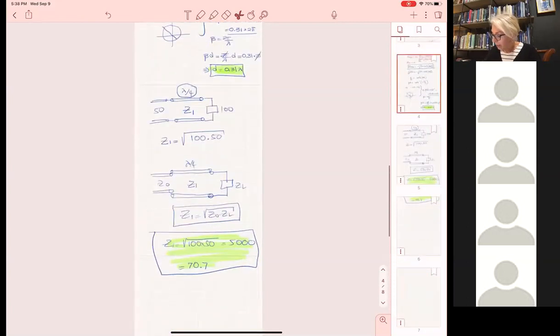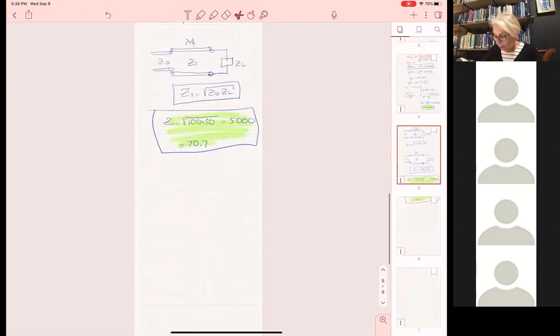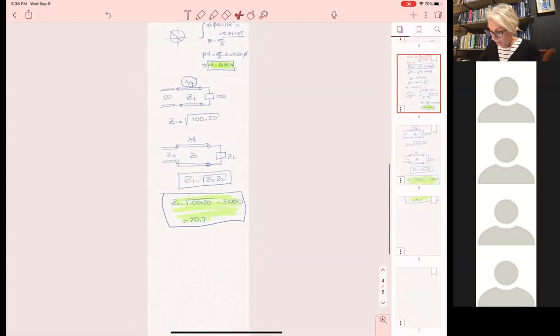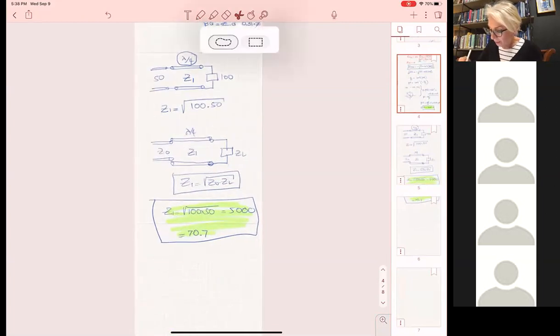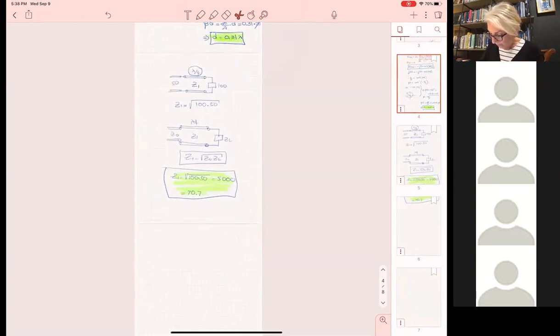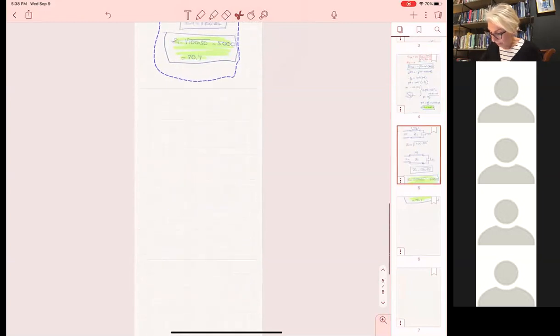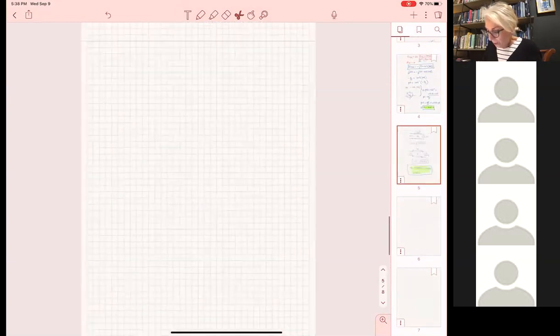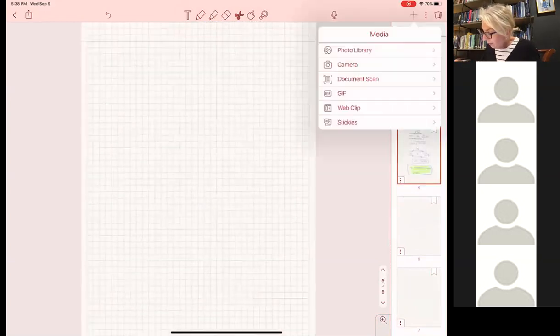Where is my? Okay, I'll add the Smith chart here. Let me move that a little bit. Do a little bit of rearranging. Okay. So here I need to add.